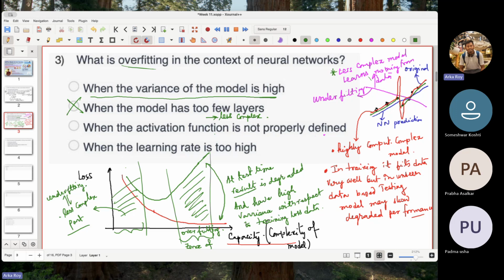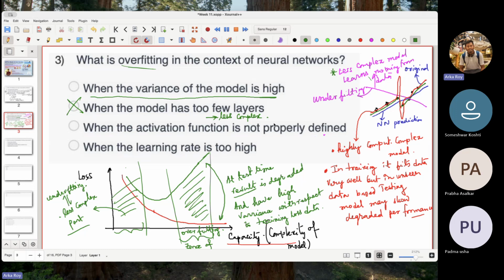When the activation function is not properly defined: in general, the activation function has no role in overfitting. It has certain disadvantages related to overfitting, but in general it is not directly related to whether it is properly defined or not.